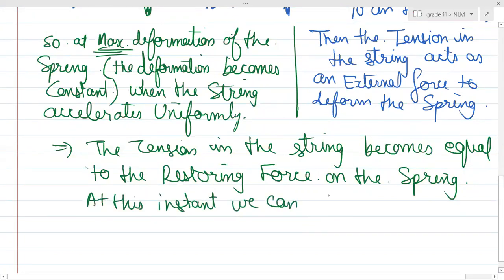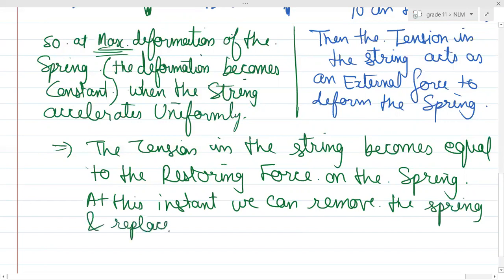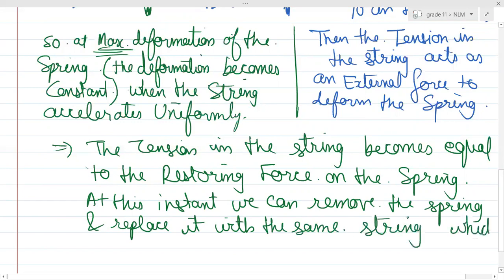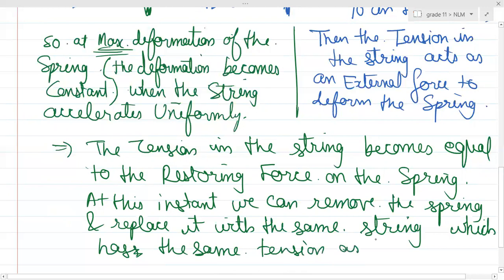We can remove the spring and replace it with just the same string, which has the same tension as the remaining string.